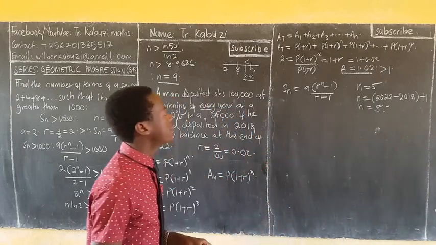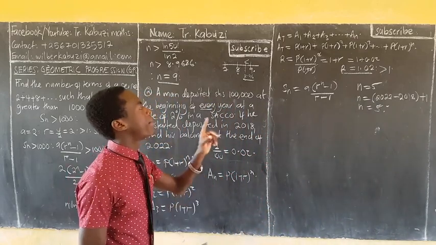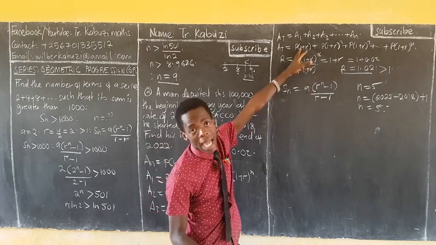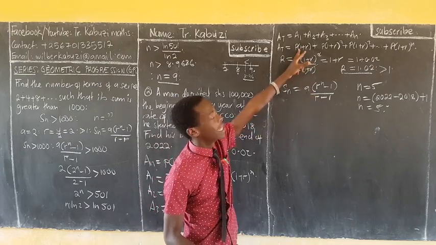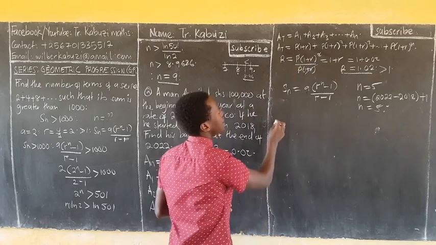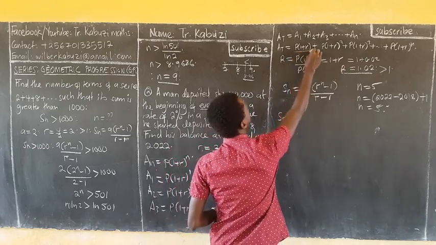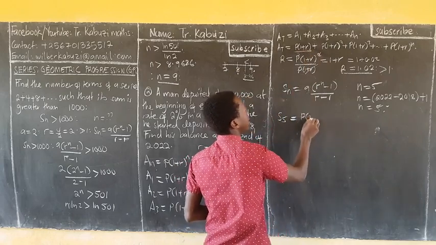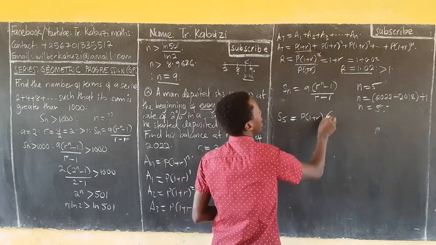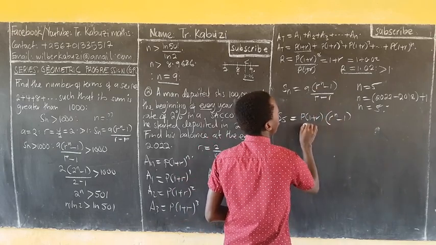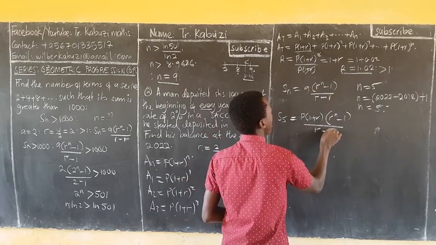Now if we substitute, the common mistake people make is that this a is always the first term. So our first term here is this. So my sum after 5 years will be, my first term is p into (1 plus r), then into (R power n minus 1) over (R minus 1).